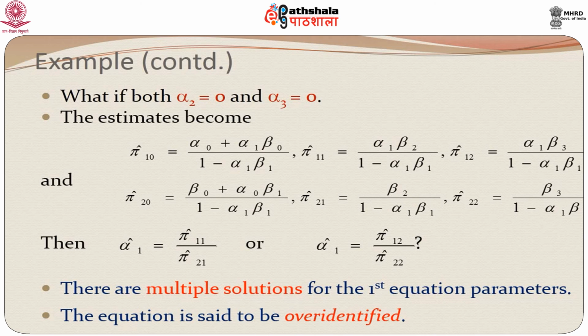So, you see that there is a relationship between identification and estimability of the parameters. If an equation is not identified, then we cannot estimate its parameters. If an equation is exactly identified, then we get a unique solution to the parameters.